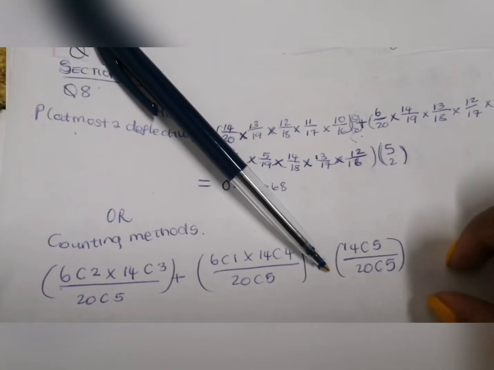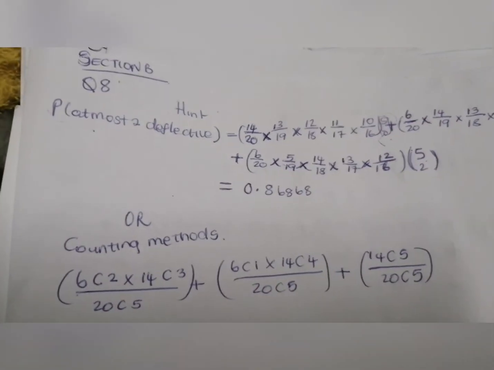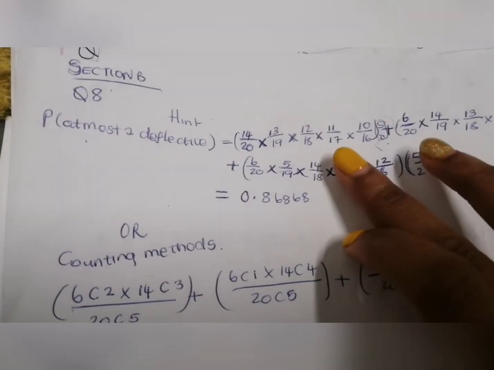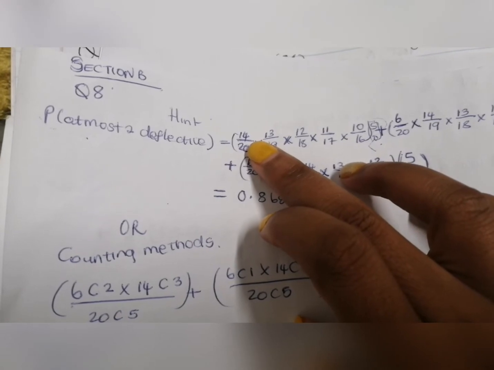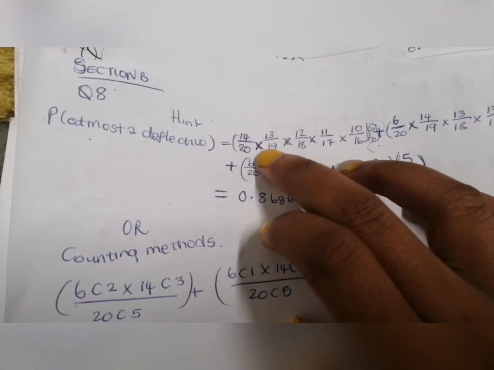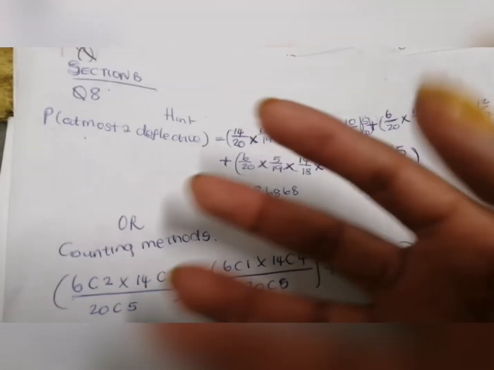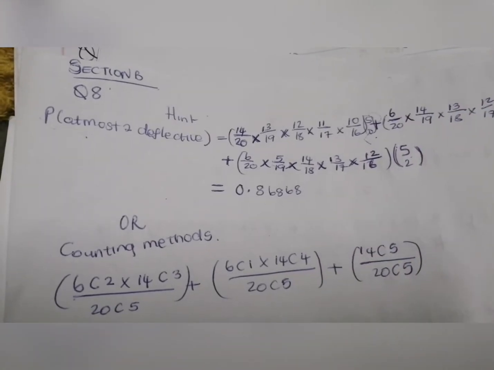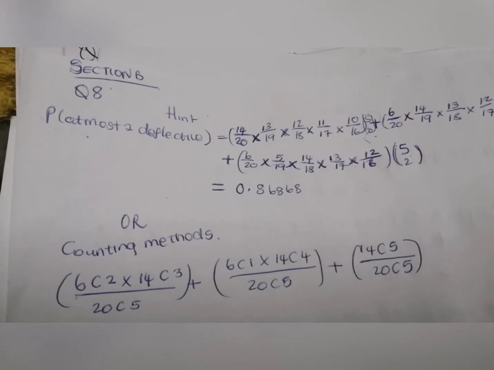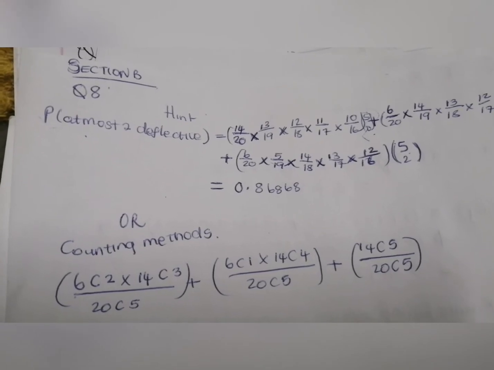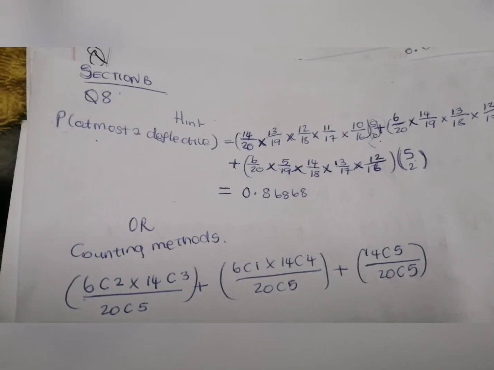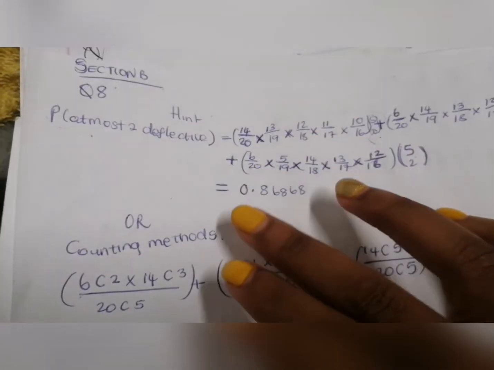We know that we have 14 nails that are not defective, so we're going to say 14 divided by 20, because inside the box that he's choosing from we have 20 nails and 14 of them are not defective, so we'll say 14 over 20.